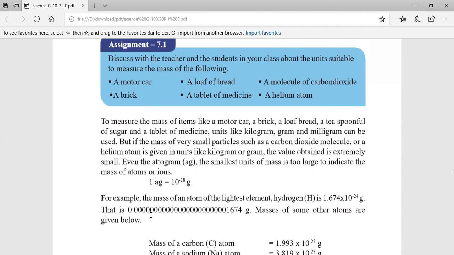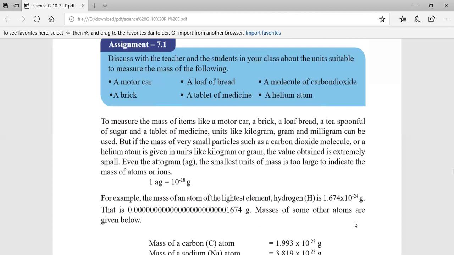For example, the mass of an atom of the lightest element, hydrogen, is 1.674 into 10 to the power minus 24 grams.